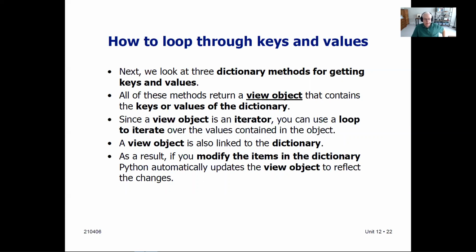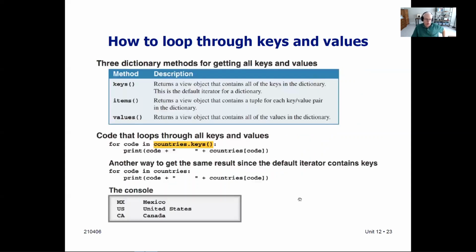Also, since a view object is an iterator, it's easy to use it in a loop to uncover all the data that's inside your dictionary, okay? We can loop through using the view object. So those are the important things to consider about a view object. It's not just a fancy word.